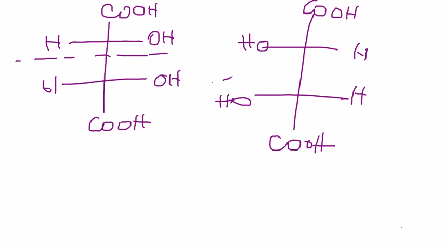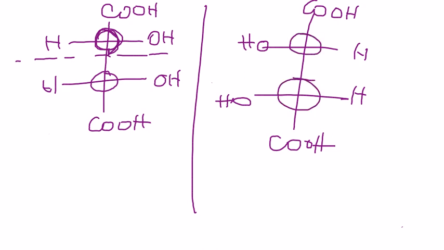All you got to do is draw a mirror plane between, and see if those are mirror images or not. And looks like they are. One way to do that is just for the Fischer, just basically look at the mirror image. Alternatively, you can determine the configuration about the two chiral centers, and if they happen to be opposite of each other, essentially you can say that these are mirror images of each other.